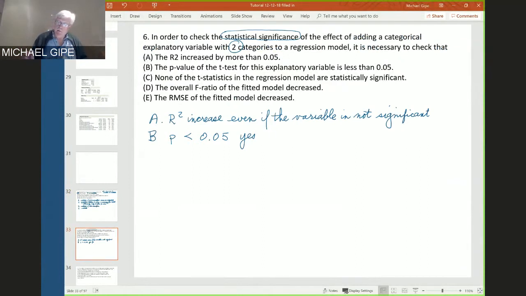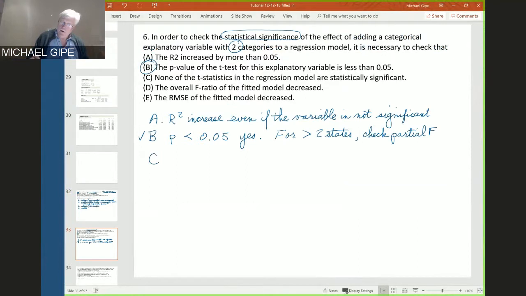But remember, for a categorical with more than two states, you will need to check the partial F test, to look at all of the states combined. So yes, that is the correct answer.